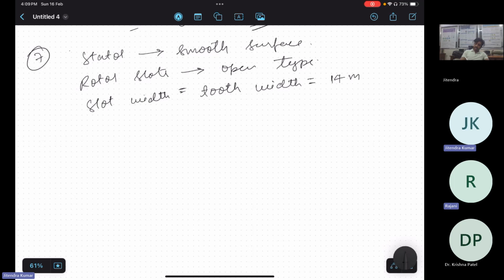Now air gap length is given, 1.8 mm. We have to find the effective air gap length using Carter's coefficient formula.